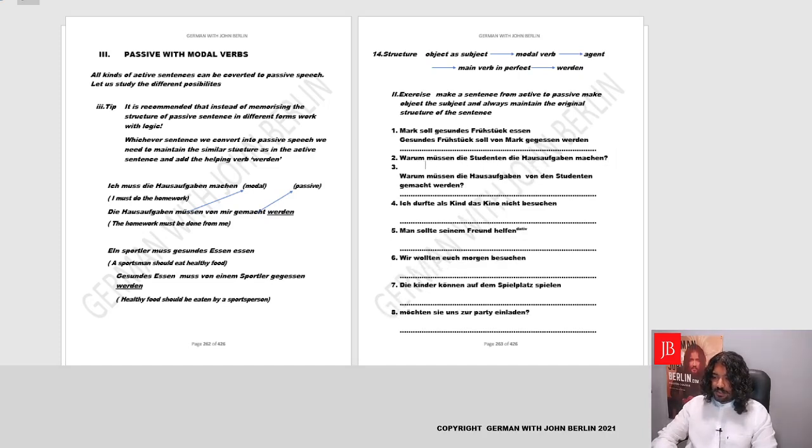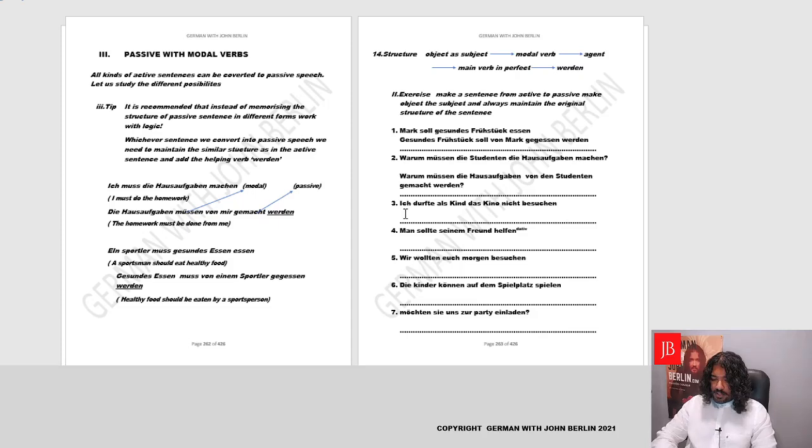Fantastic. Good question. Okay. Ich dürfte als Kind das Kino nicht besuchen. I was not allowed to visit the cinema hall as a child. So now we'll again maintain the structure and change the speech of the sentence. That means we'll find out what is the object. The object here is das Kino, what is being visited.